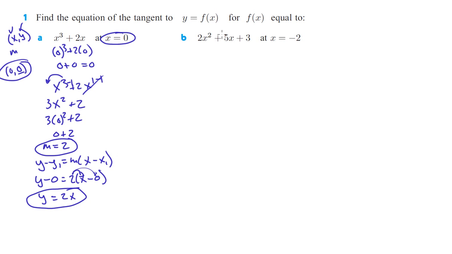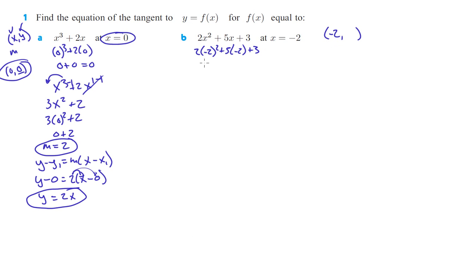All right, okay. B. We can do the same thing. So we're going to find the y value. Okay, so we know that x is negative 2. We got to figure out what the y is. So to figure that out, we'll plug negative 2 into the original. So 2 times negative 2 squared plus 5 times negative 2 plus 3.